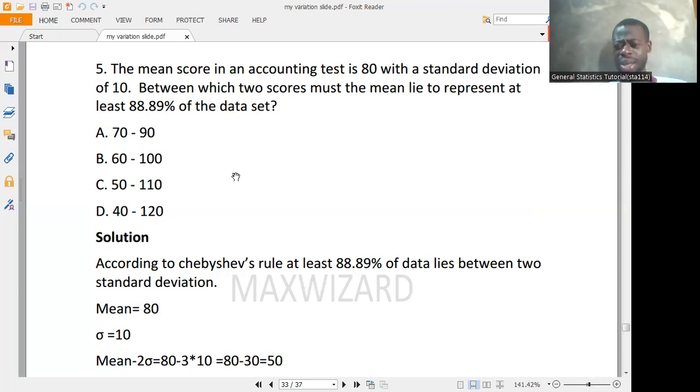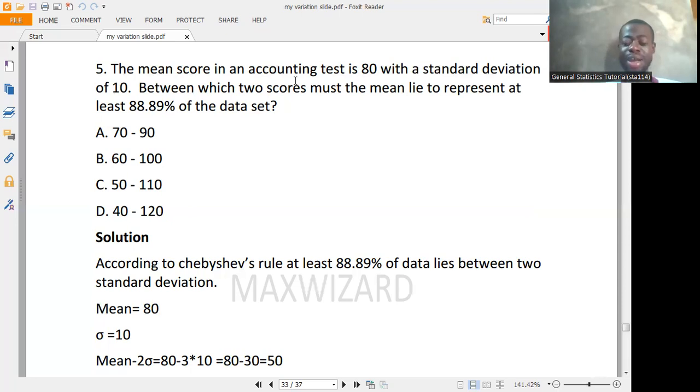But this 88.89 corresponds with 3 standard deviation that was stated in Chebyshev rule. So that means this is going to work out with Chebyshev rule. It is stated in Chebyshev rule that if you are deviating by 3 standard deviation, at least 88.89% of your data will lie between that.